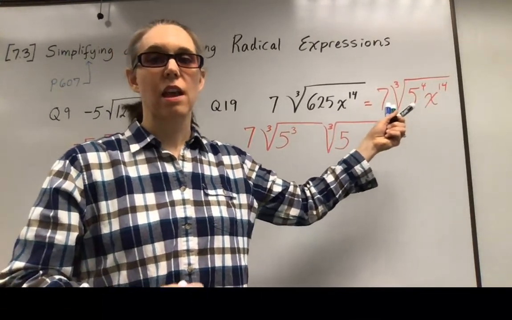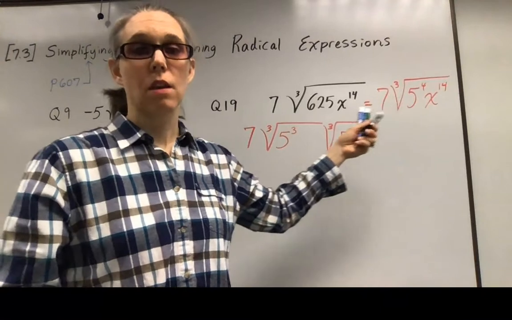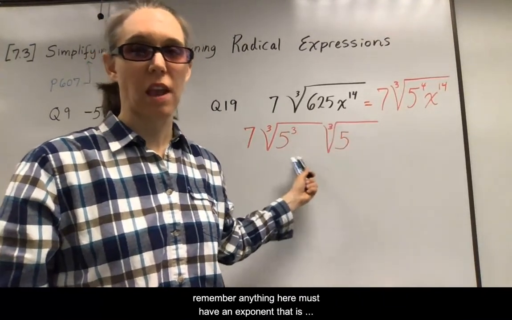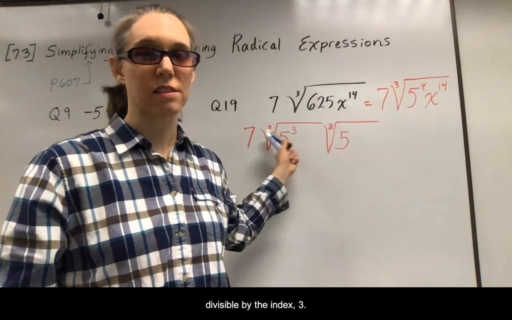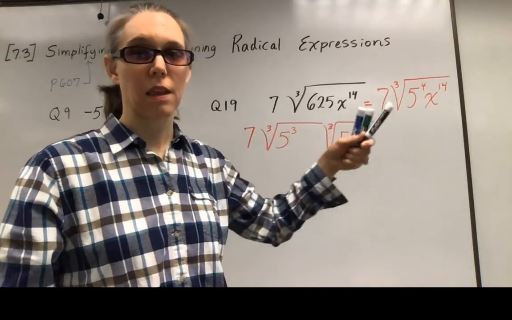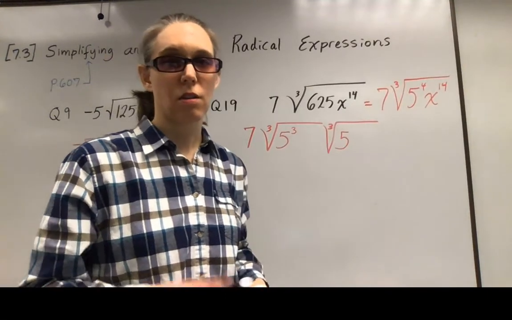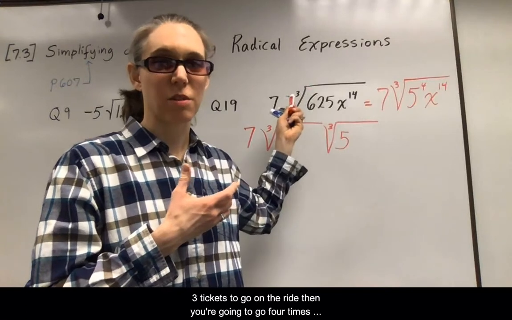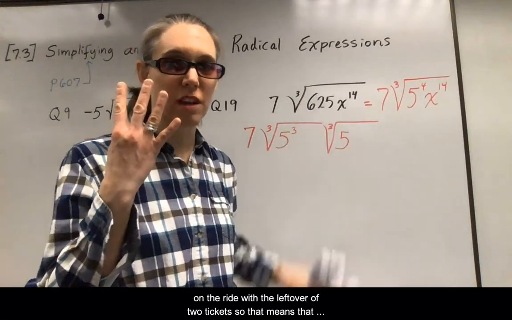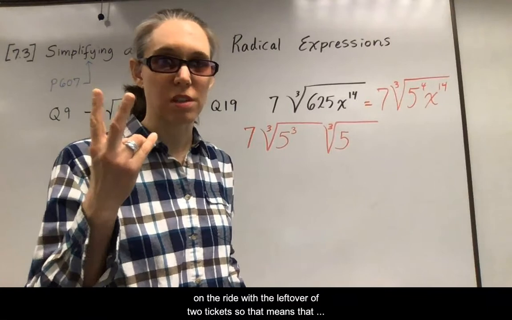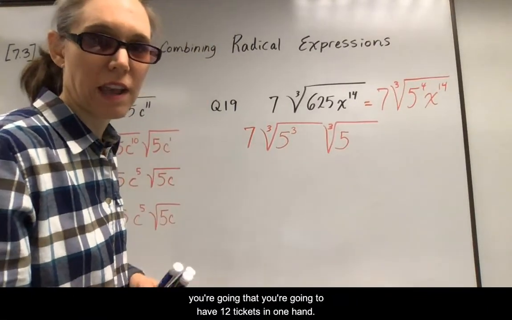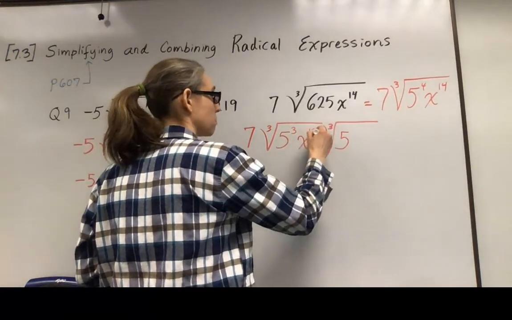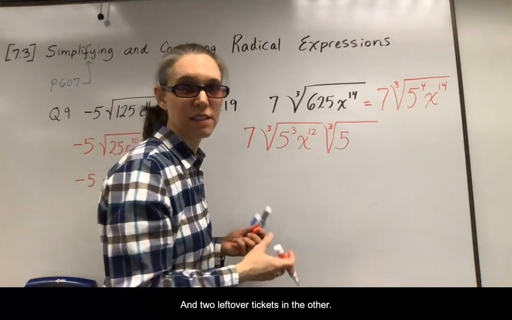Treat 5 and x both as variables. Okay, so 5 cubed, 5 to the 1st. Remember, anything here must have an exponent that's divisible by the index of 3. X to the 14th. If you have 14 tickets and it takes 3 tickets to go on the ride, then you're going to go 4 times on the ride with a leftover of 2 tickets. So that means that you're going to have 12 tickets in one hand and 2 leftover tickets in the other hand.